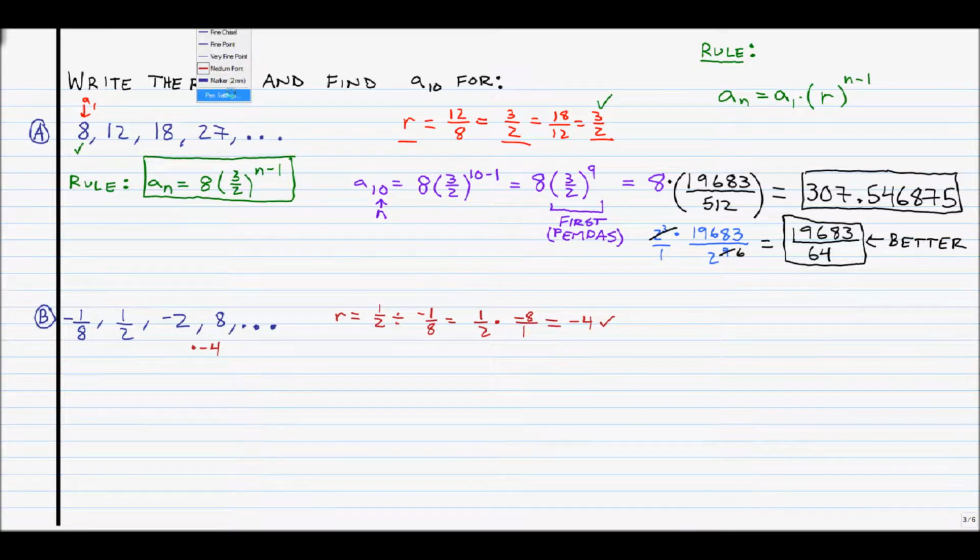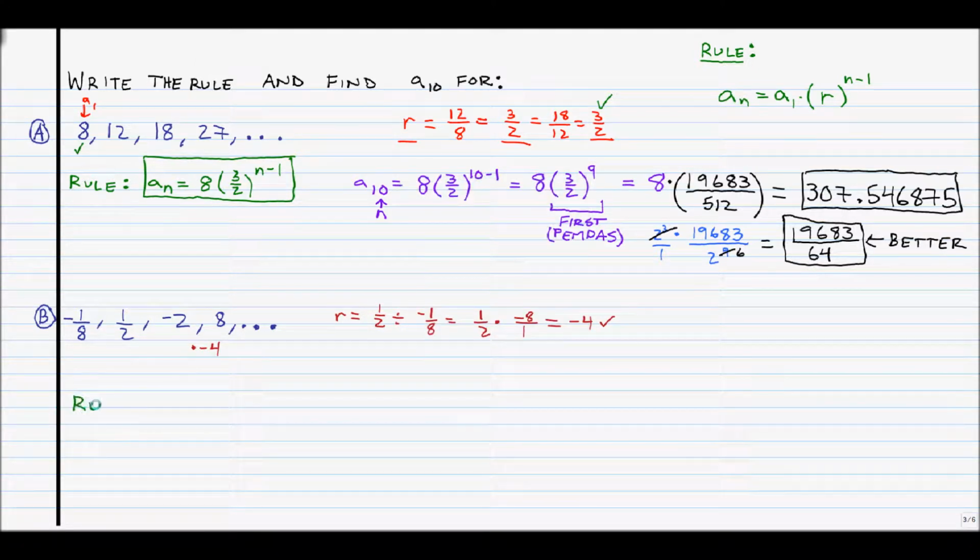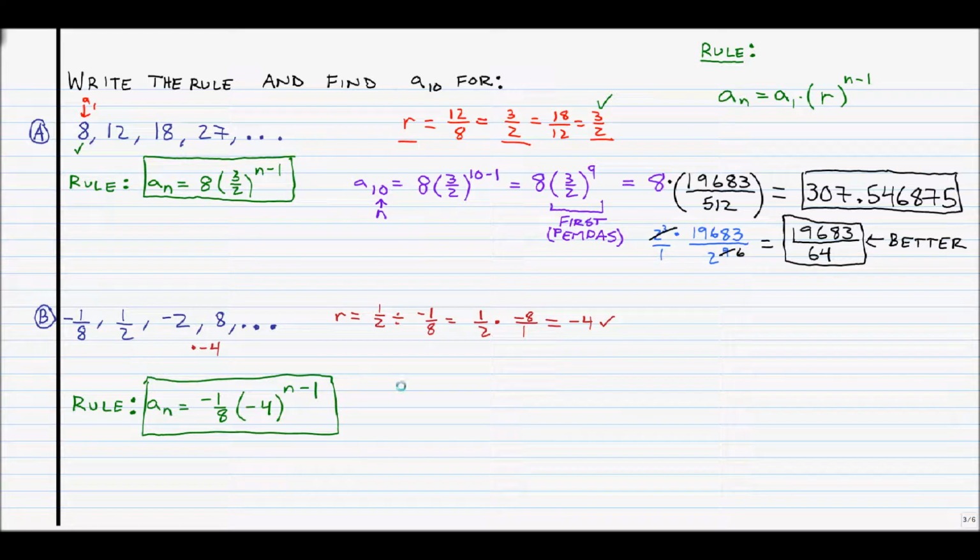Why is that nice? Well, I can jump into rule mode really quickly now. So what is my rule? My rule will be a sub n equals my first term times my ratio to the n-1 power. At that point, my rule is complete. There it is.